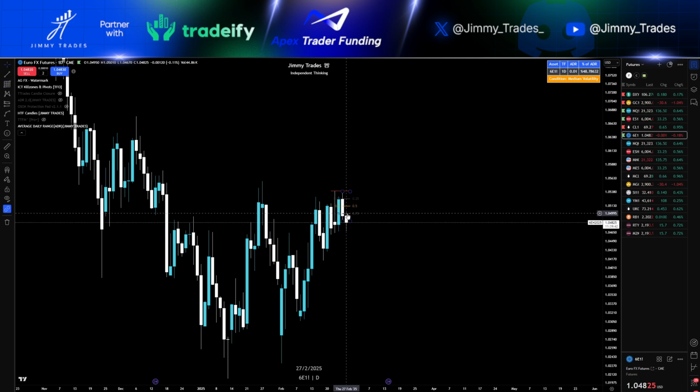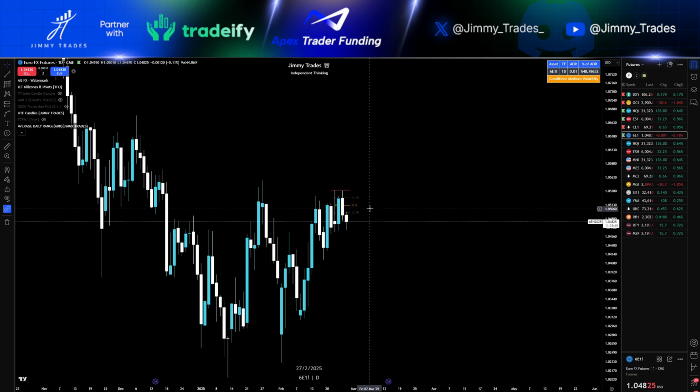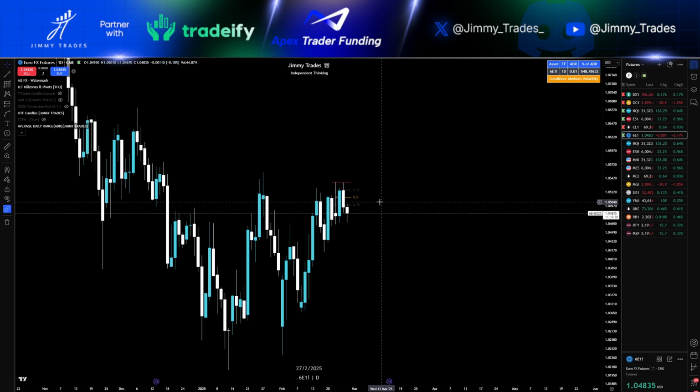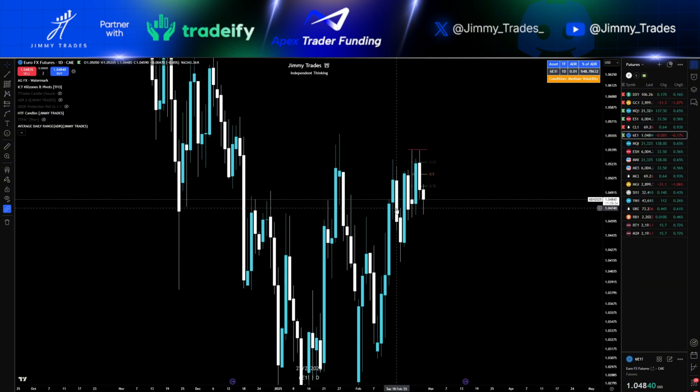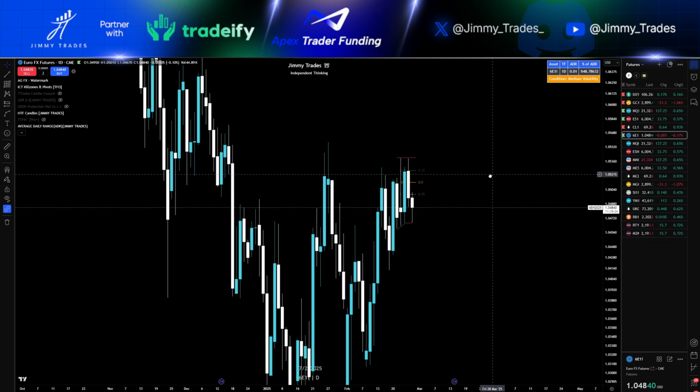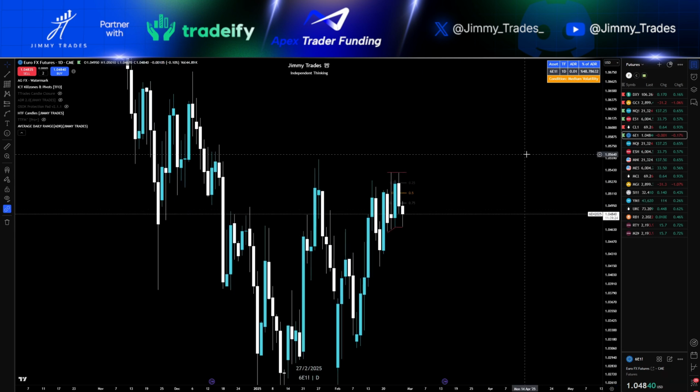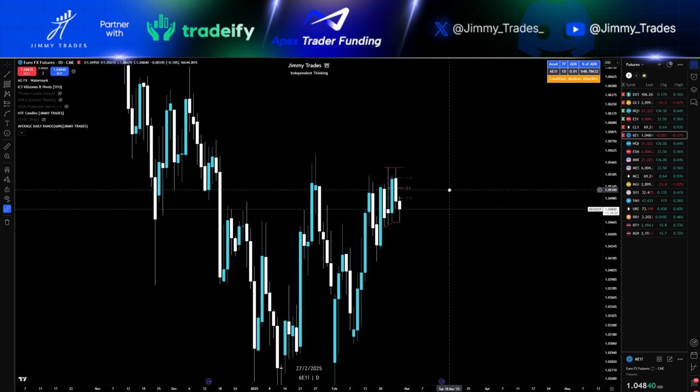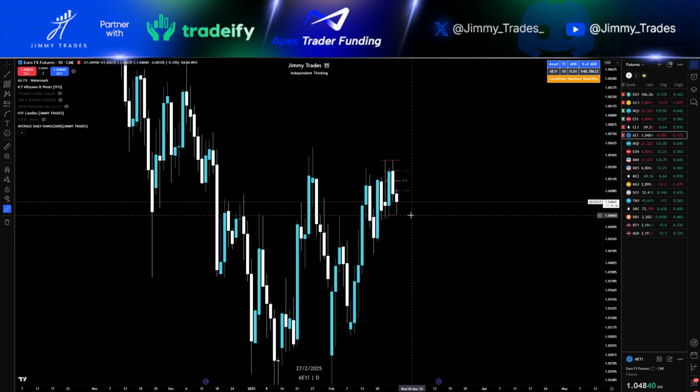Currently respecting the bottom quarter of the previous day's candle. We've put in equal lows as well. And we have this low resistance liquidity through here. I'm going to look for price to continue to move lower. We closed lower yesterday. I'm going to look for that to continue that expansion.